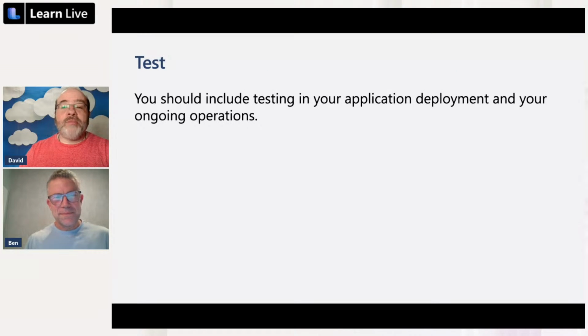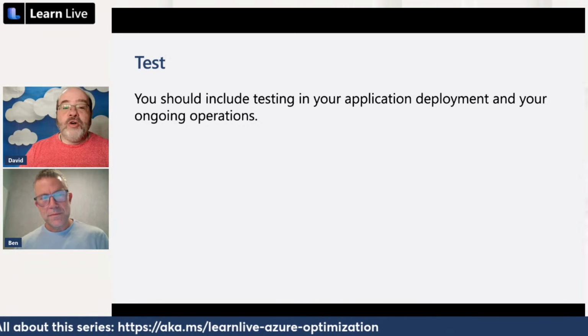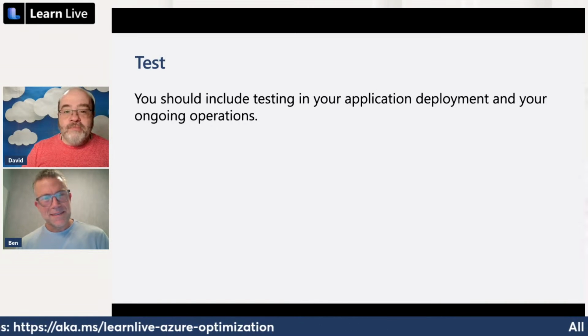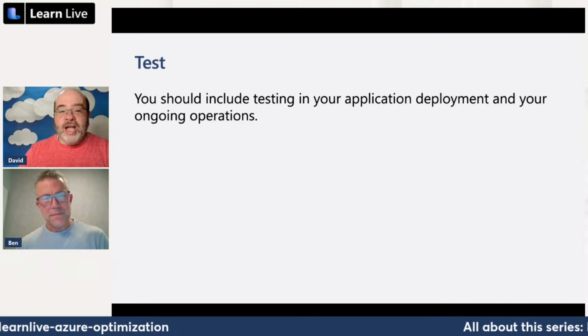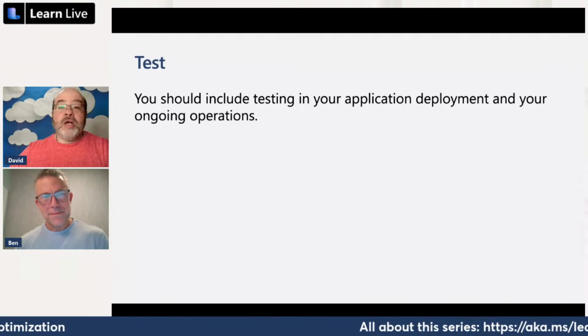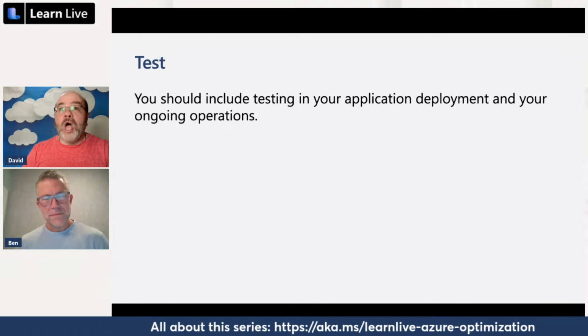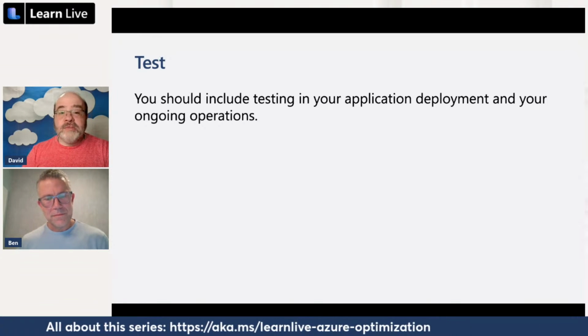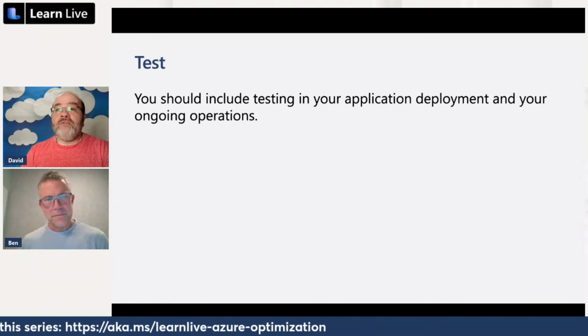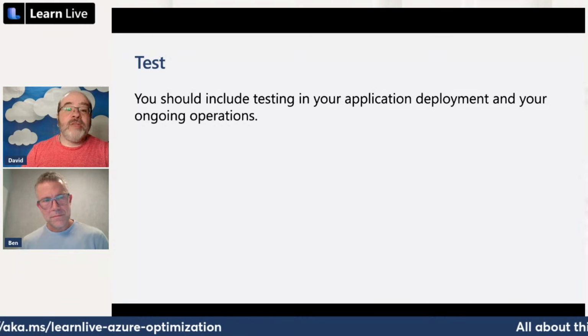You should include testing of your application, deployment, and ongoing operations. I don't know how many of you are using the YOLO method of development. I suspect none of you. It turns out that testing application deployment and ongoing operations is non-trivial. End-to-end tests can be non-trivial. Doing things that involve identity can be non-trivial.